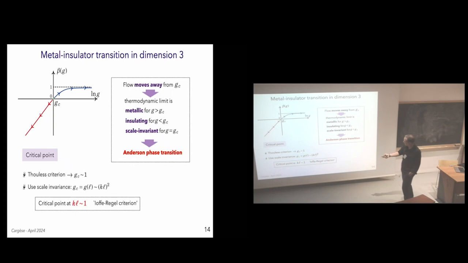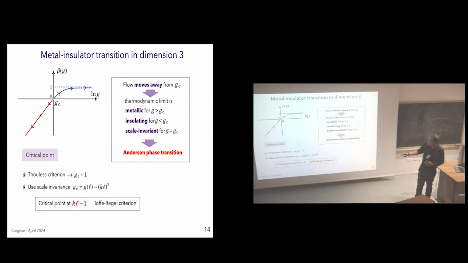Because you have scale invariance, g_c should a priori coincide with the value of the conductance in a small system. In a small system, you have no interference processes in general. You have essentially the Drude conductance, which for a small system of size L is (kl)^2.